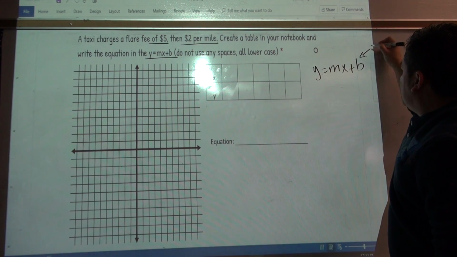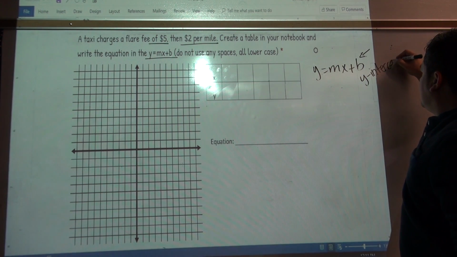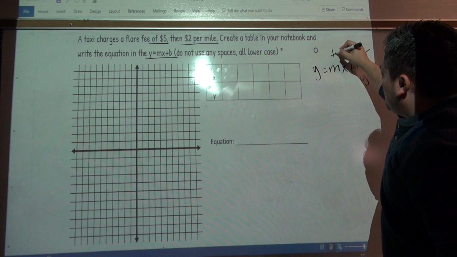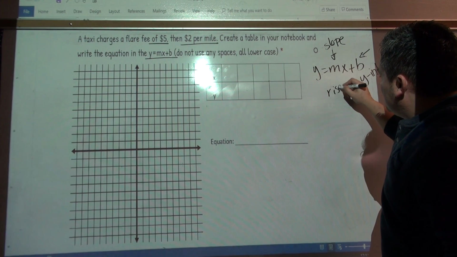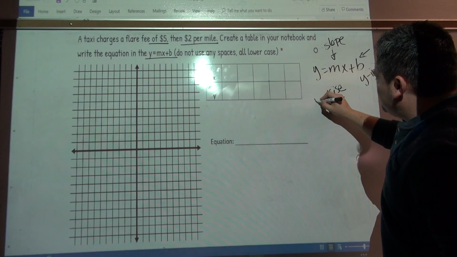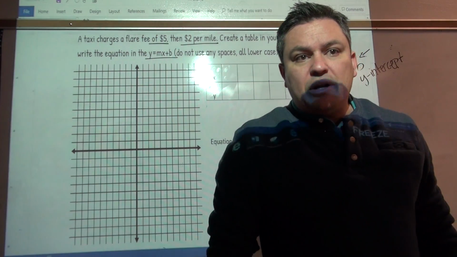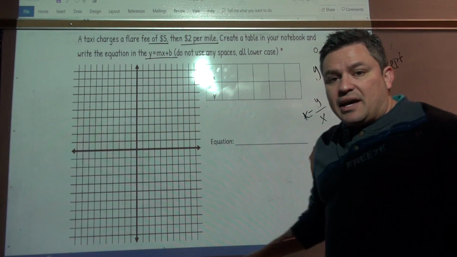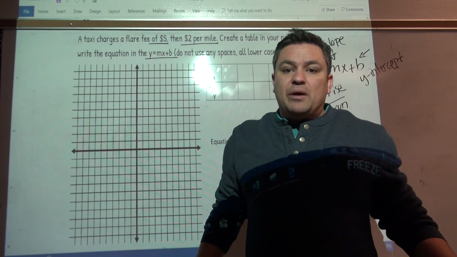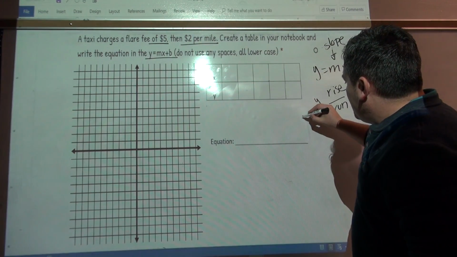This right here is your y-intercept, and this is your slope, or your rise over run, which is your y over x. Remember when we talked about constant rate of change? This used to be the k. Now we replace the k with the m. It's the same thing, because the letter is just a variable.